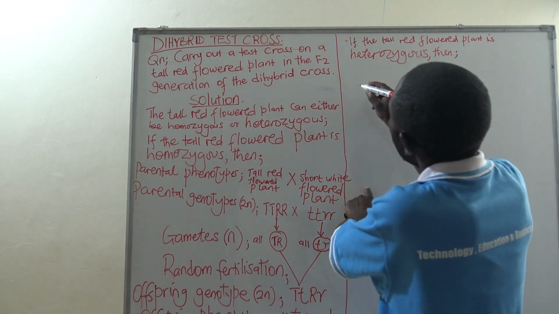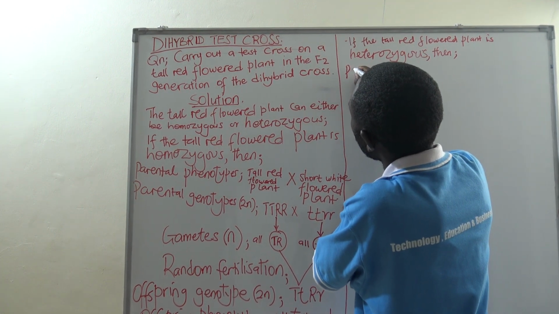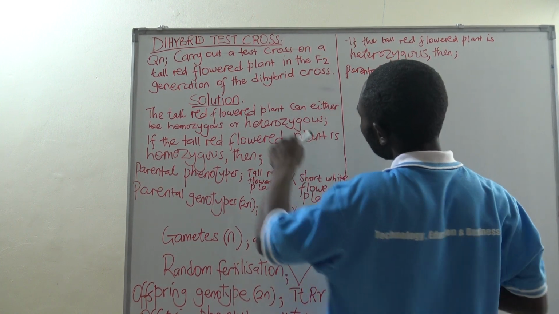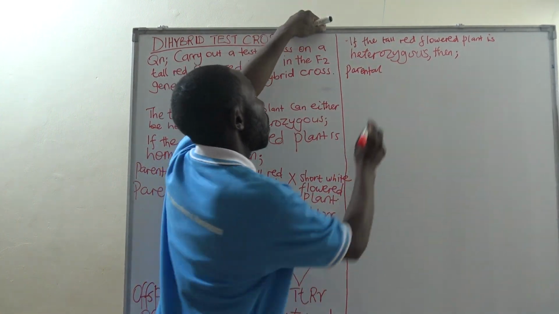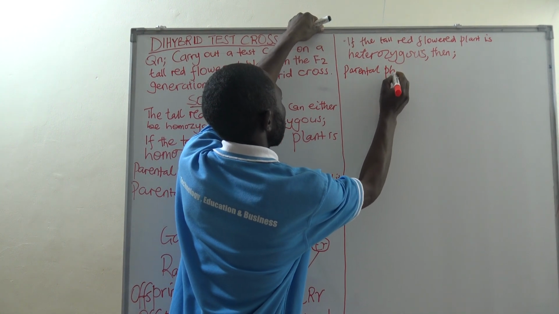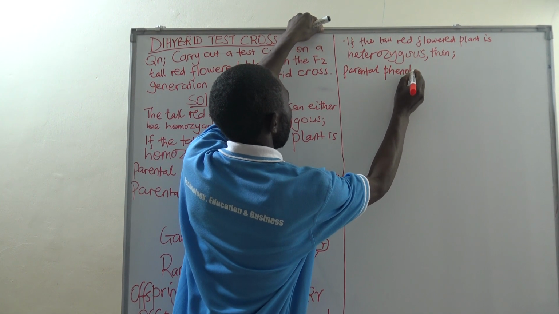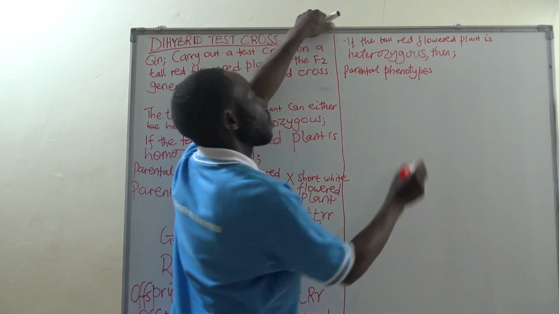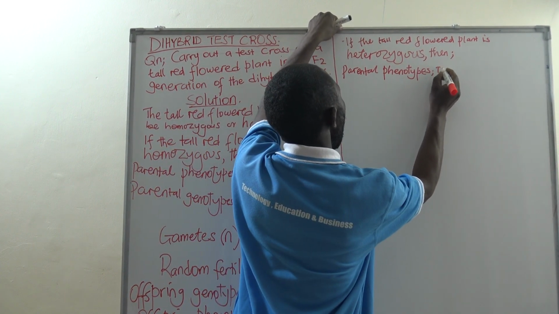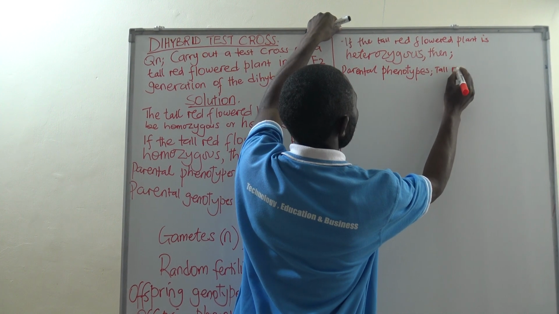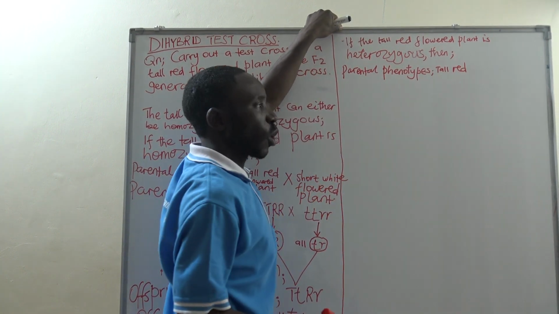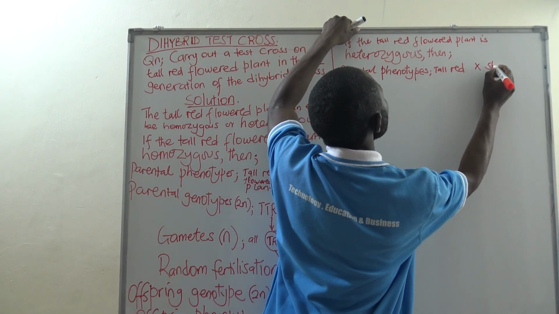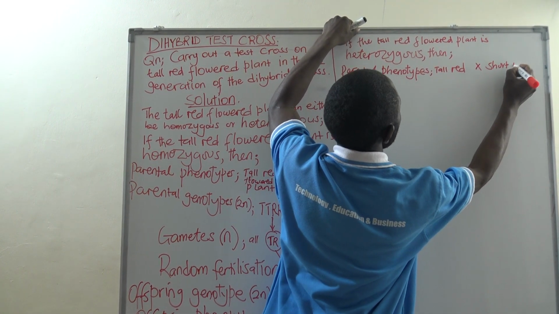So we shall have parental phenotypes: tall red flowered, crossed with short white.